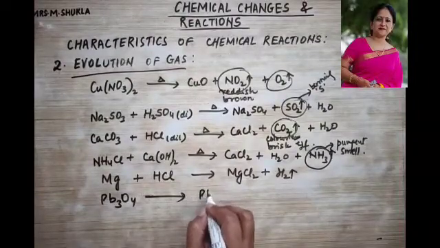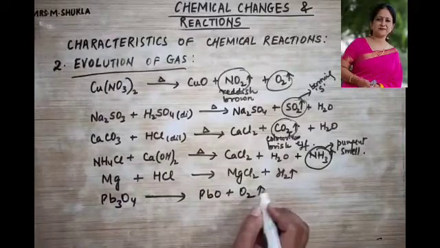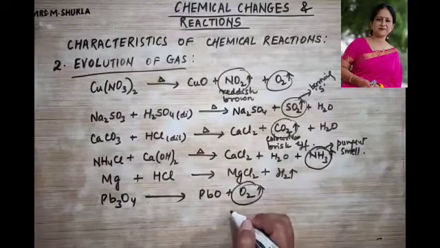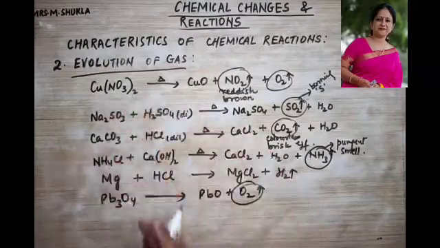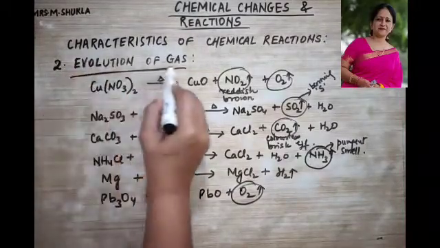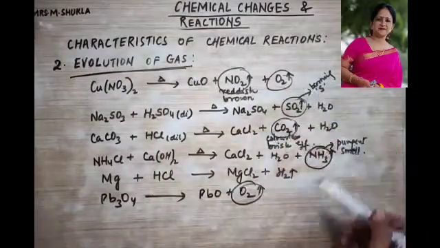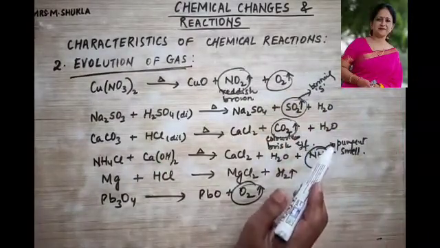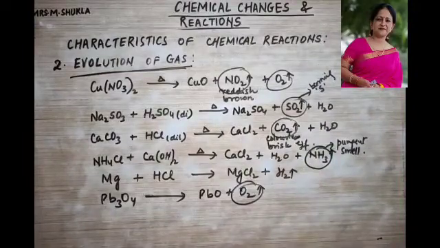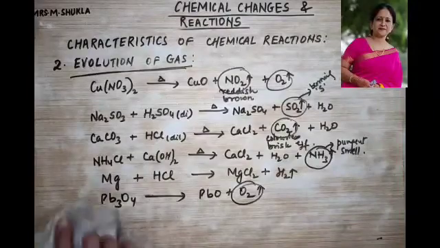It will give us PbO plus O2, another colorless gas which rekindles a burning splinter. So many reactions I have shown you where one of the characteristics of a chemical reaction is evolution of gas. Most of the reactions you will find evolution of gas. So that is one of the characteristics of a chemical reaction.